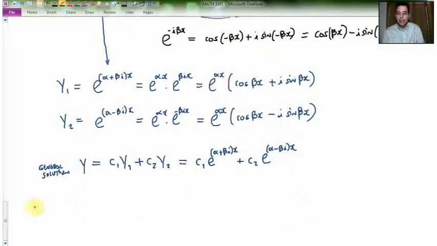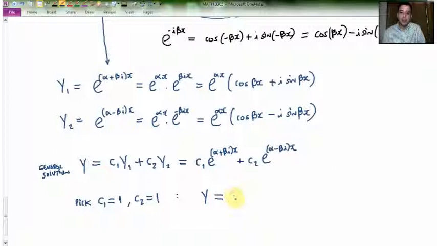And then we can pick constants. I'll show you now what's going to happen. We can pick C1 to be 1 and C2 to be 1. If we do that, look what's going to happen.